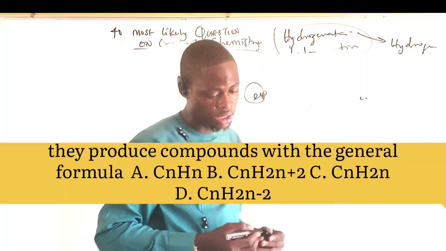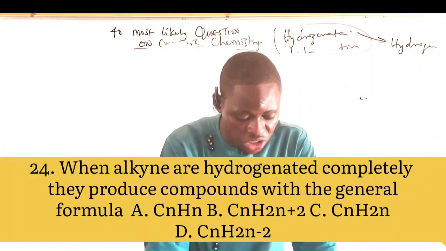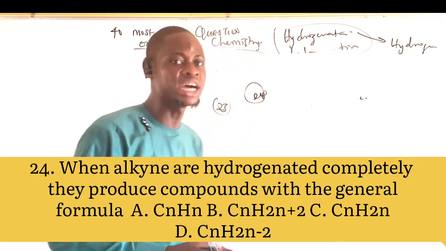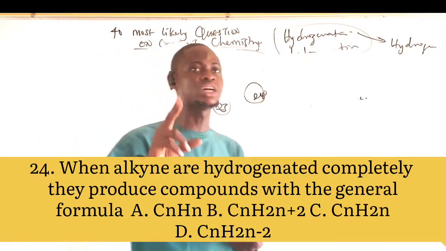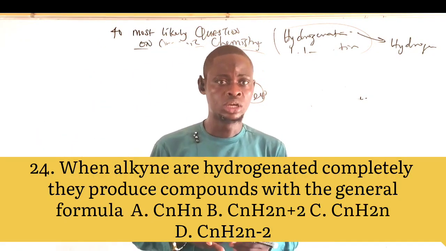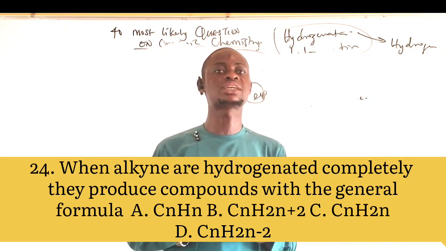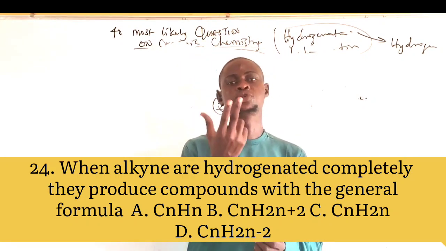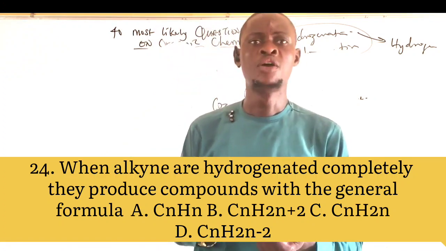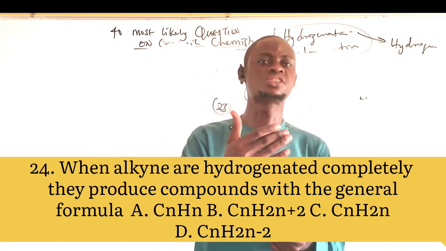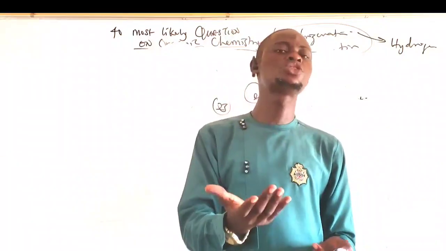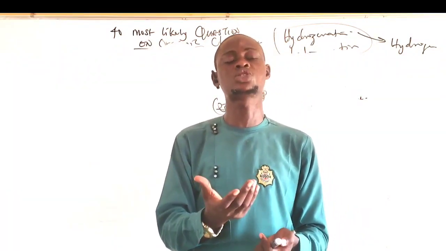Now, question 24. They said when alkynes are hydrogenated completely, they produce what? Compounds with the general formula. If you hydrogenate an alkyne, you know it undergoes an addition reaction. Addition reaction can either be hydrogenation or halogenation. So if you hydrogenate an alkyne, it's a two-step reaction. First of all, the alkyne will be reduced to alkene. Then further hydrogenation will make the alkene reduced completely to alkane.